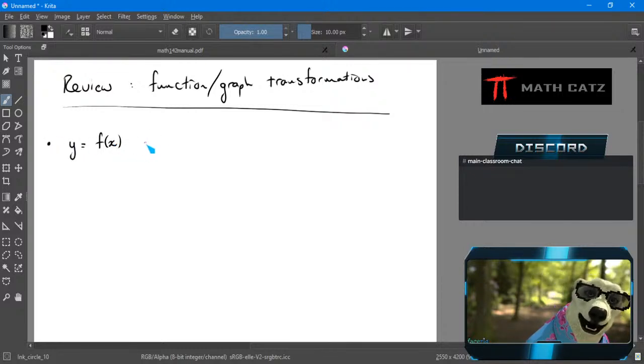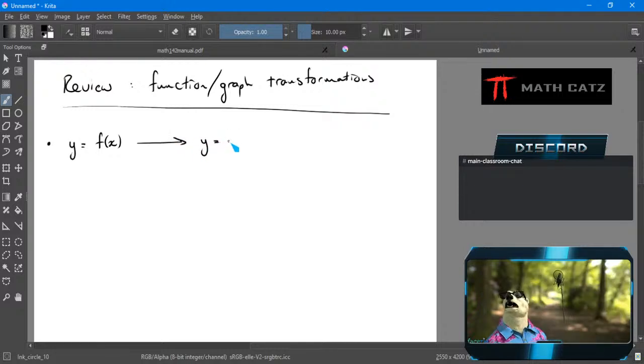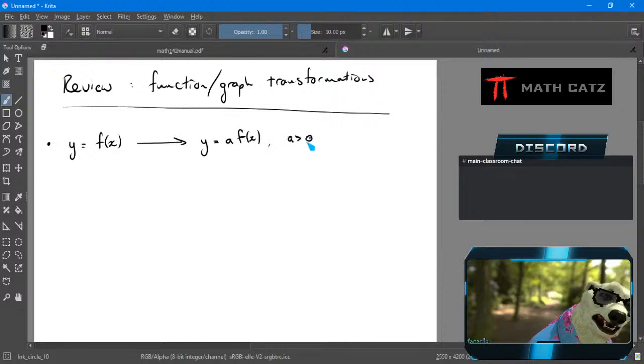I won't number them. I change it to y equals some positive constant a times f of x. What helps me remember is the right hand side stays the same, but gets multiplied by a positive number.